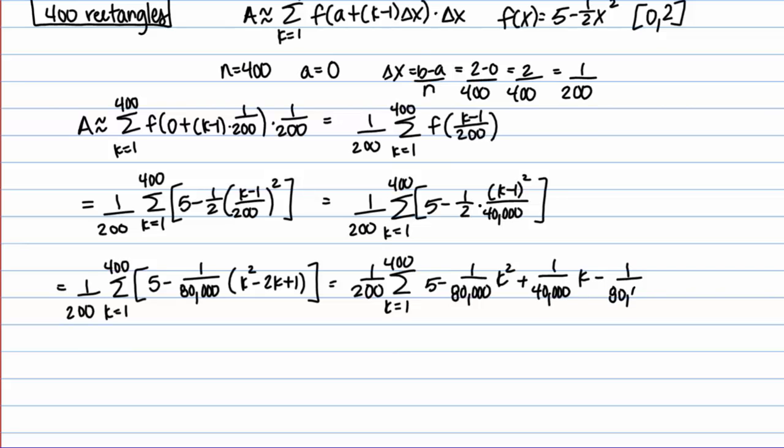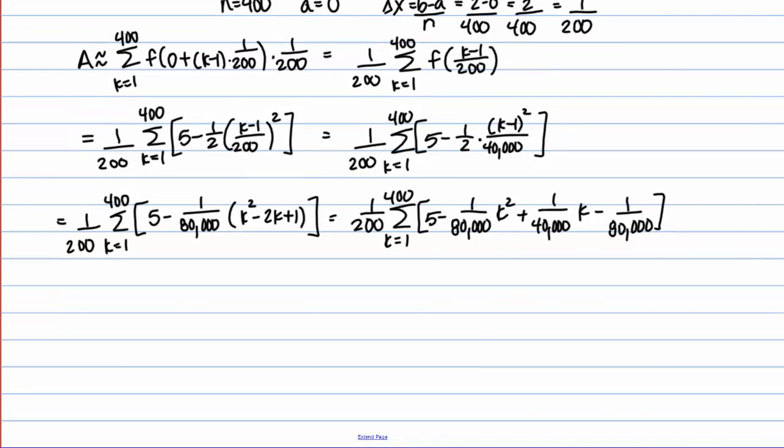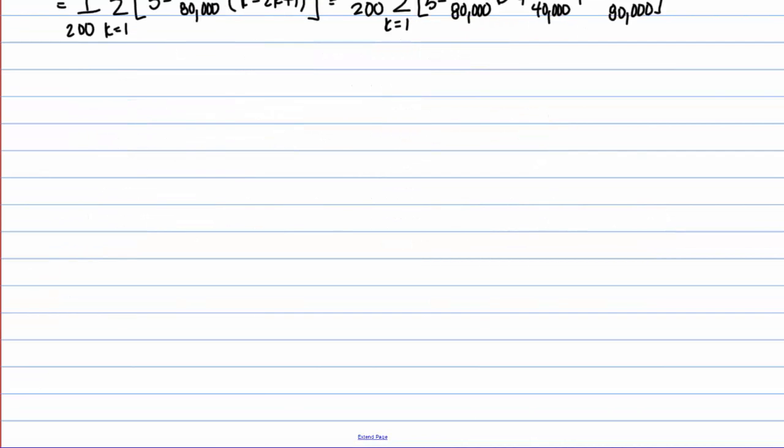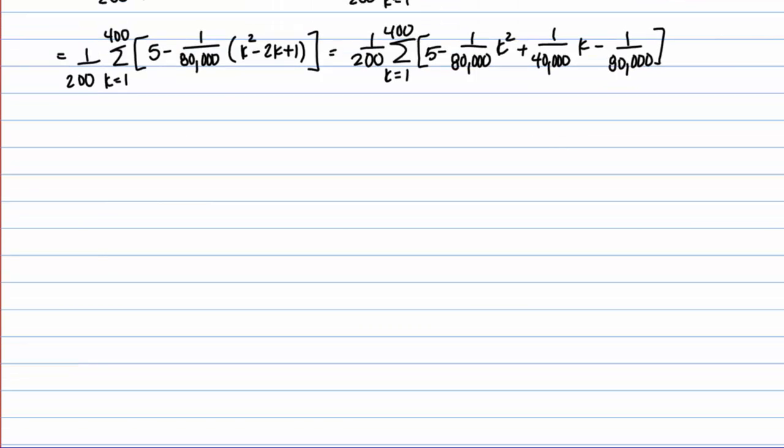Okay, so that's a little bit messy. Once again, we've got two constants. We've got 5 minus 1 over 80,000. If you combine those, what you get is this nasty number, 3 with 5 nines over 80,000.